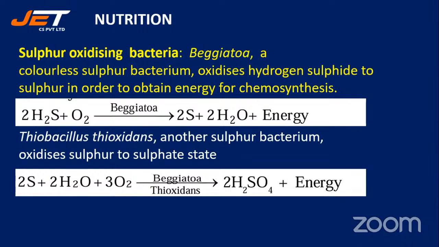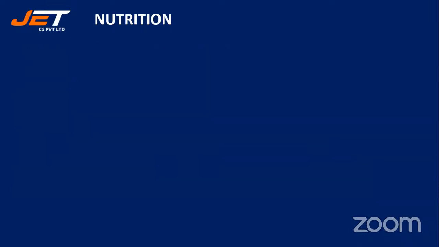Remember, one is oxidizing hydrogen sulfide, another is directly oxidizing sulfur in presence of water, producing H2SO4 and energy. So during NEET or any kind of exam, just see what they are asking. If they are asking you only about Beggiatoa, then just consider H2S. If they are considering both Thiobacillus thiooxidans, then write this kind of reaction.